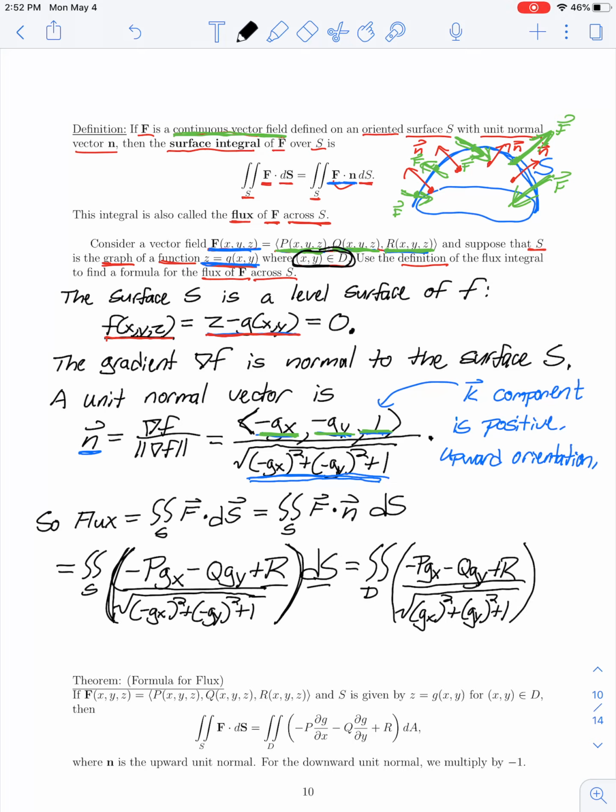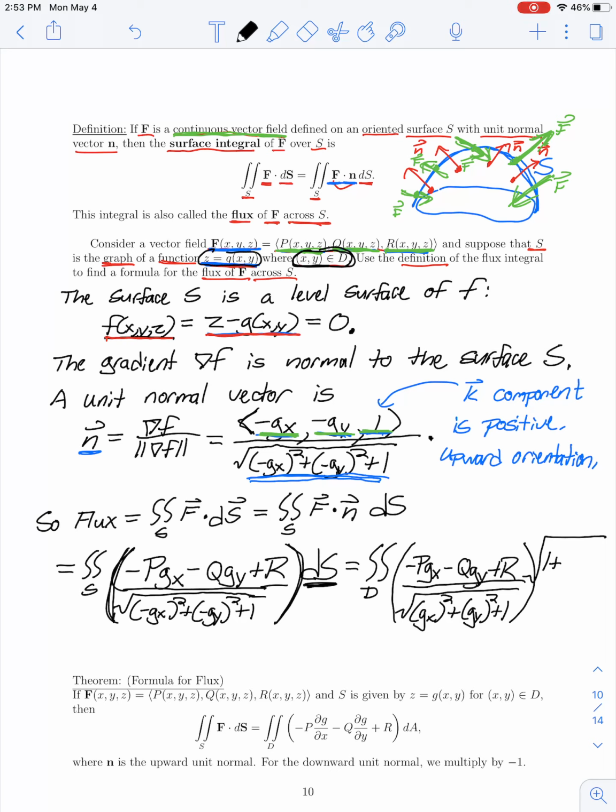And then this differential of s, when we convert this to a double integral with respect to area, becomes the square root of 1 plus the sum of the squares of the partial derivatives of the function which defines my surface.